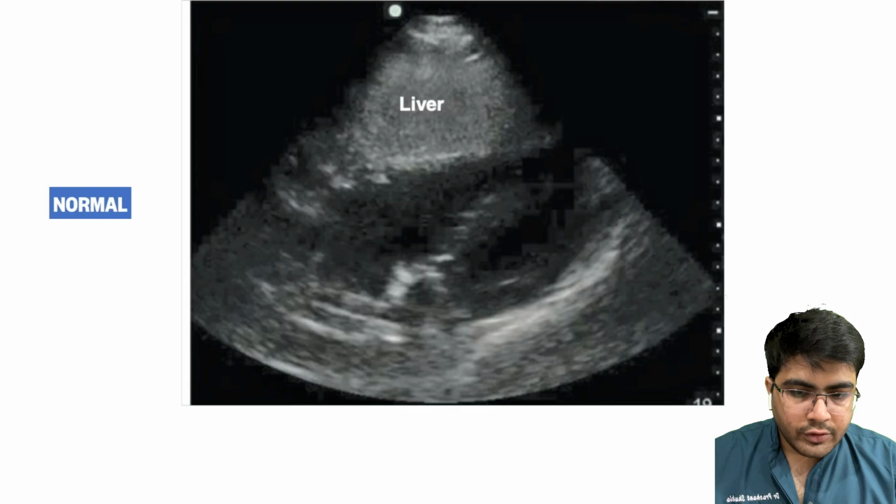This would be the normal appearance. The left lobe of the liver should be at the apex, below it would be the right and left ventricle, and below this there will be the pericardium, and there is no presence of fluid because there is no brighter structure seen within the two layers of the pericardium.